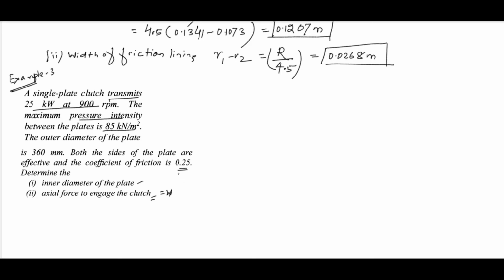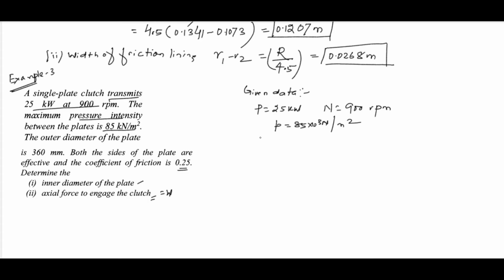Okay, so here given data are P is 25 kilowatt, N is given 900 rpm, intensity of pressure is 85 into 10 to the power 3 Newton per meter square.